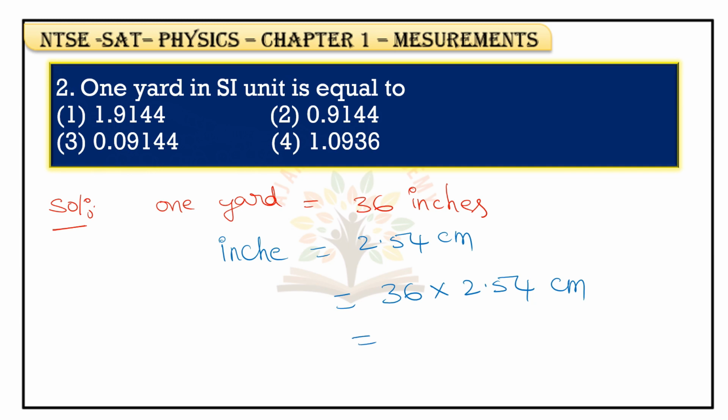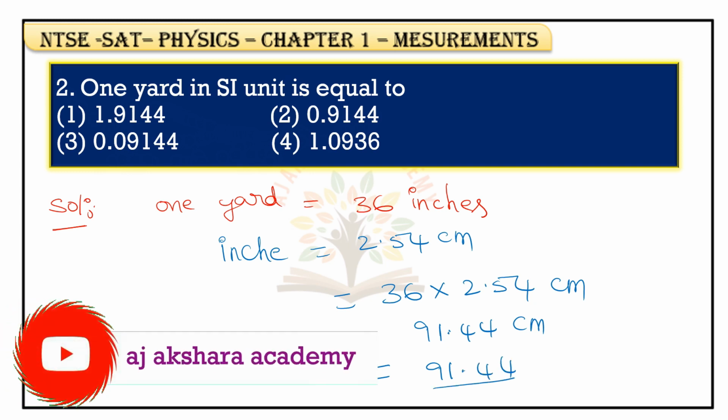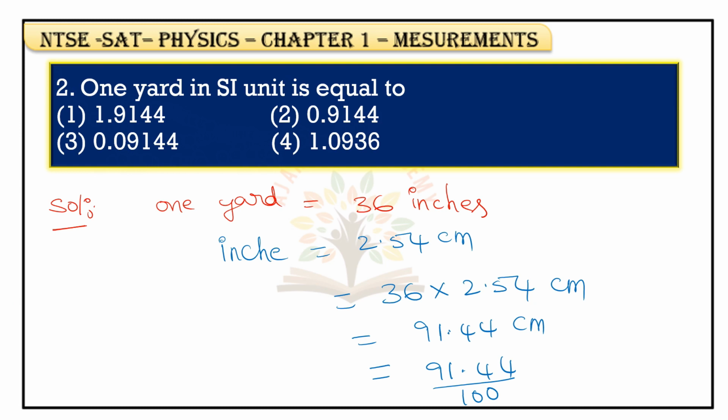After multiplication, we are getting 91.44 centimeter, and converting into meters, 91.44 divided by 100, because 1 centimeter is equals to 1 by 100 meters.